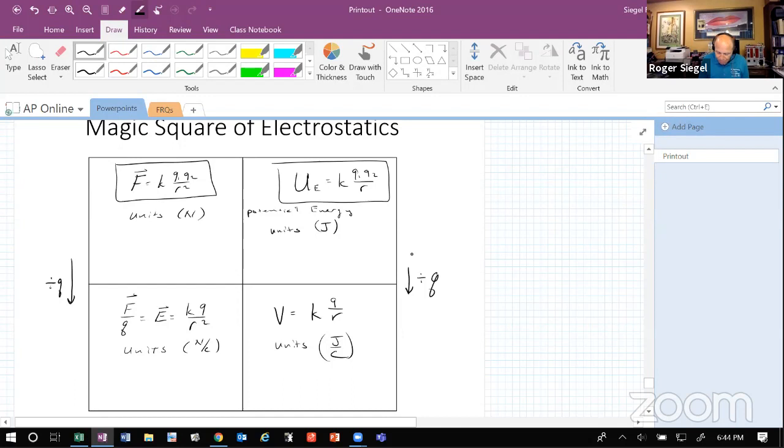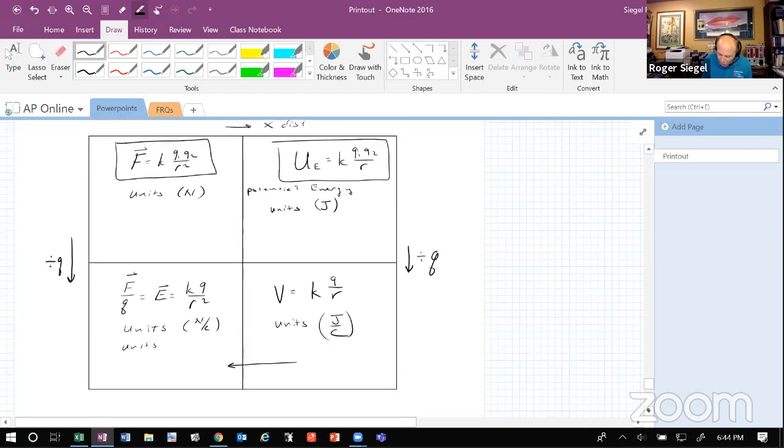Now, one more thing I want to show you, because we'll see this as we go this way. Another way to say the electric field, newtons per Coulomb, it has another set of units. If we go to the right, we multiplied by distance, that means when we go to the left, we're going to divide by distance.